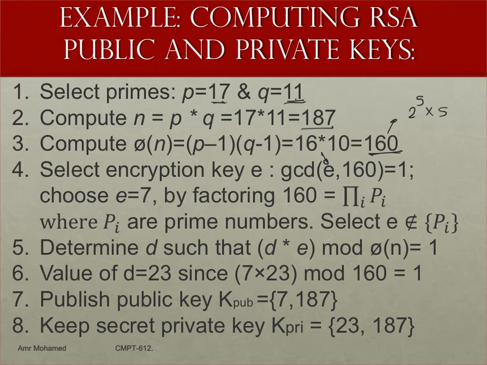So anything that has no factorization of either 2 or 5 is possible. So we have multiple choices for E. But we do not necessarily have multiple choices for D, although we could have multiple choices for D as well. So we select E such that E and 160 are relatively prime, or coprime.